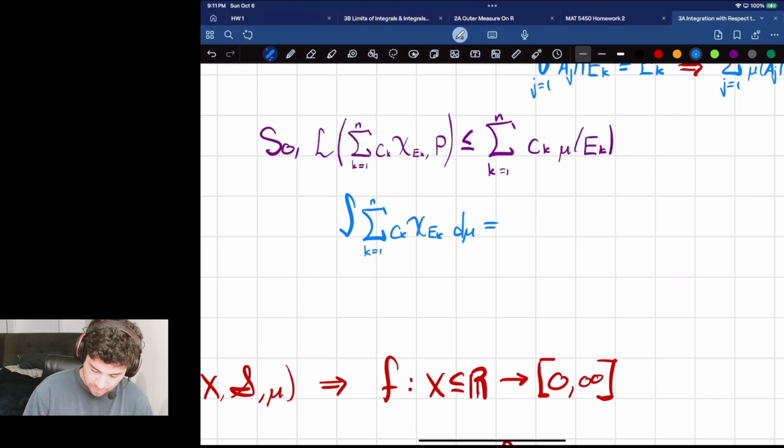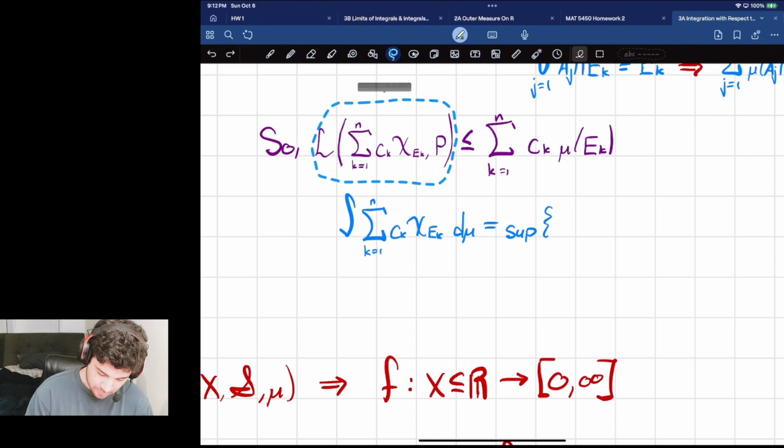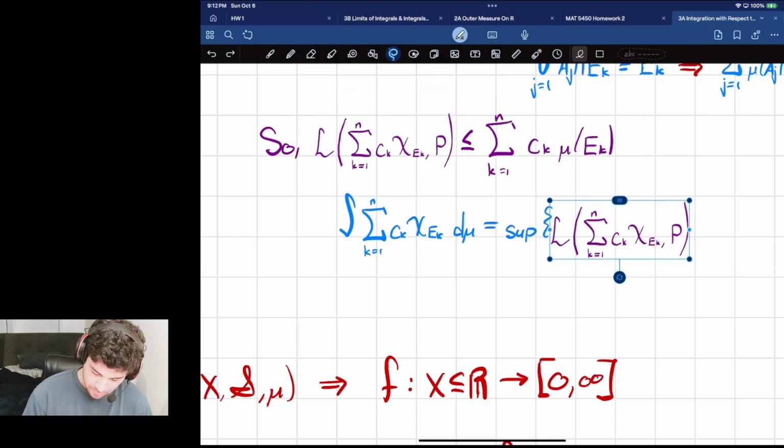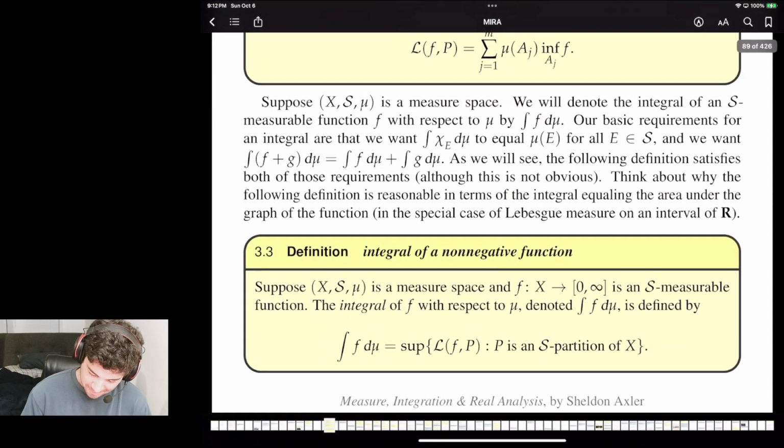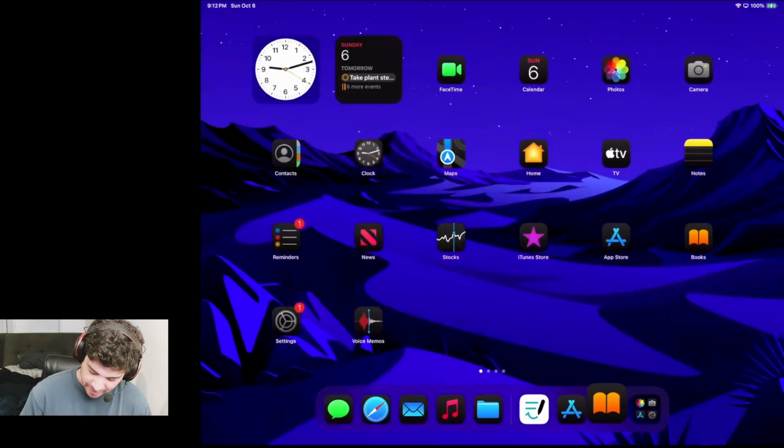This is equal to the supremum of all the lower Lebesgue sums, where P is an S partition of X.